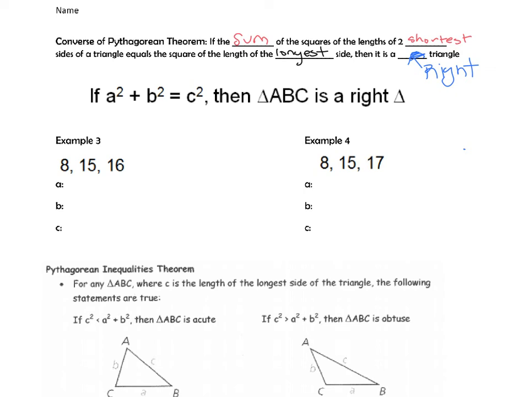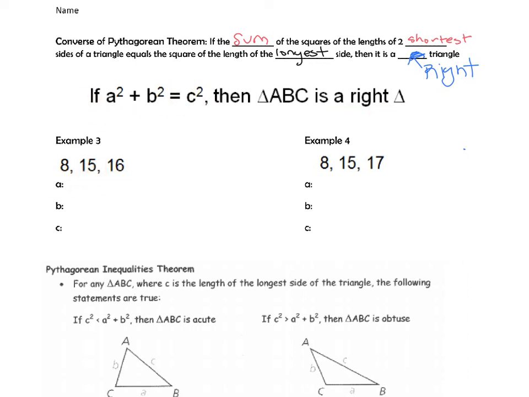All right, so let's look at the converse of Pythagorean theorem. It states that if the sum of the squares of the lengths of the two shortest sides of a triangle equals the square of the length of the longest side, then it actually is considered a right triangle, which means it would have that 90 degree. So for example, let's say you have no picture, you're not sure if there's a 90 degree or not. How can we justify that this is in fact a right triangle?